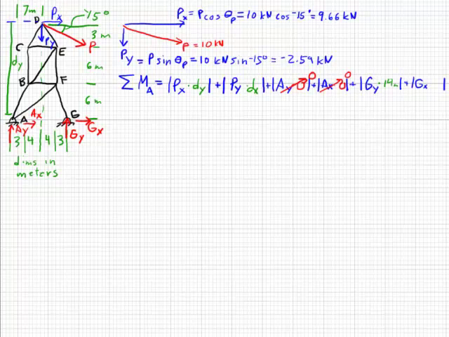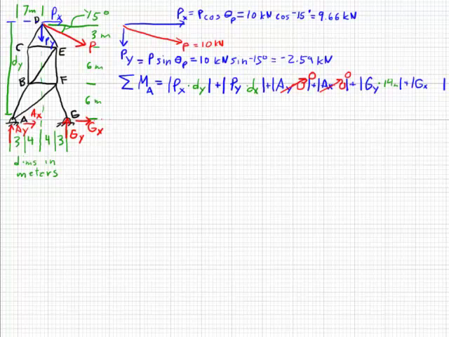One might be tempted to say that GX is the same, because the distance from point G to A is 14 meters, but it's not the distance from point to point, as it is the perpendicular distance of the force.